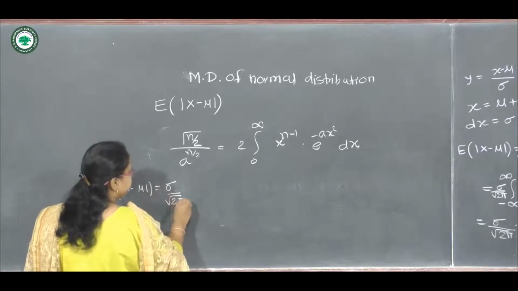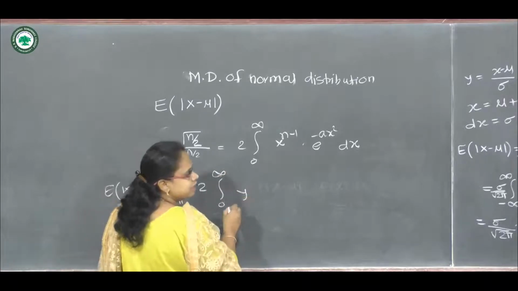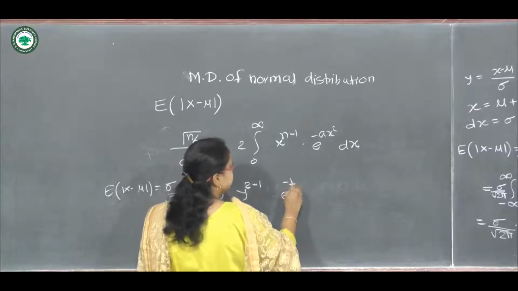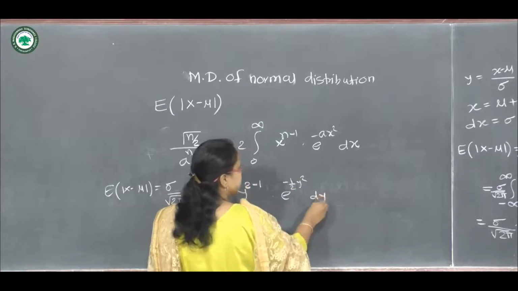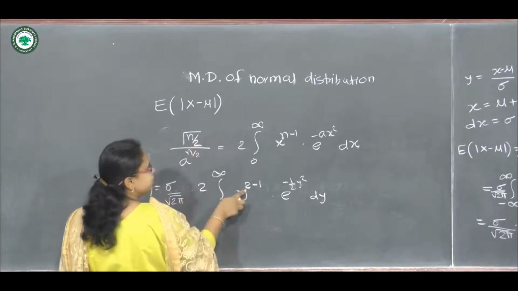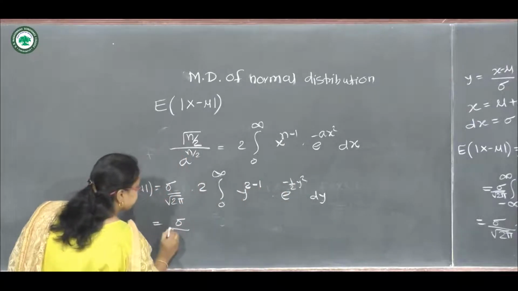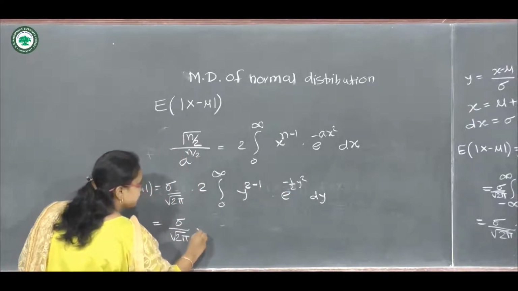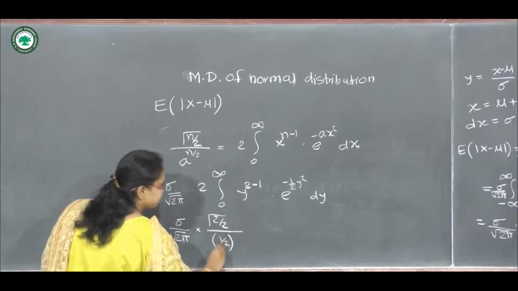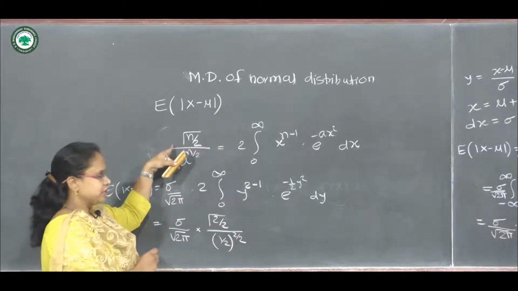Sigma upon root 2 pi into 2 times integration 0 to infinity. Here I can write y raised to 2 minus 1, and now I will have n equals to 2 and here a will be half. So into this 2 upon 2 and half raised to 2 upon 2. So I have used here this function.